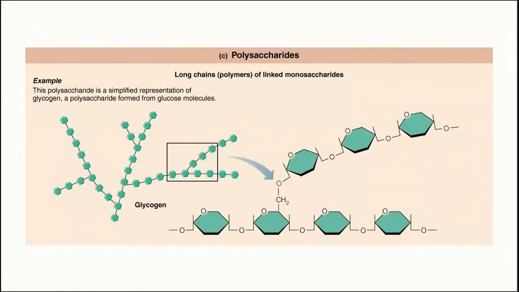So we have monosaccharides and disaccharides. We also have polysaccharides. Now, polysaccharides are long chains of monosaccharides. Because they are long chains and they tend to be very branched in terms of their shape, that makes them relatively insoluble in water. That is, it's difficult for polysaccharides to be dissolved in water, which means that these are ideal molecules for storing sugars or storing monosaccharides.